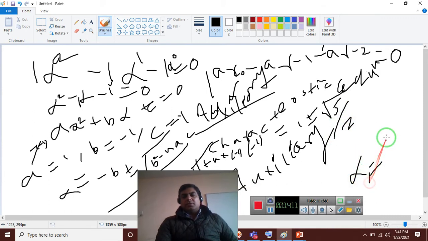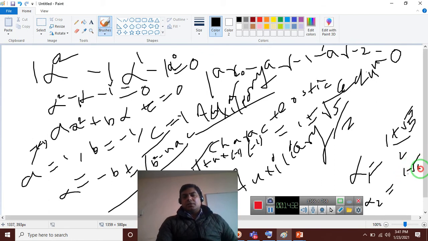First root is alpha 1 = (1 plus root 5) divided by 2, and alpha 2, the second root, is equal to 1 minus, because the first time we should take the plus sign, the second time we should take the minus sign. 1 minus root 5 divided by 2. So we have the two roots.